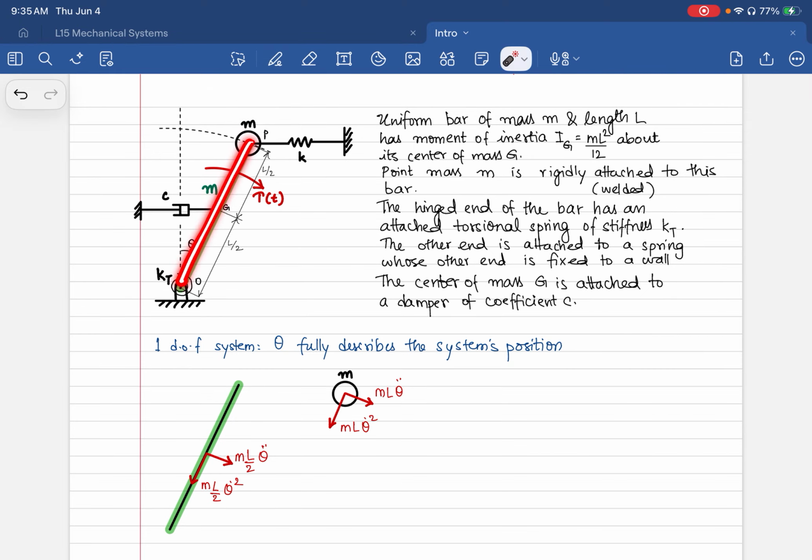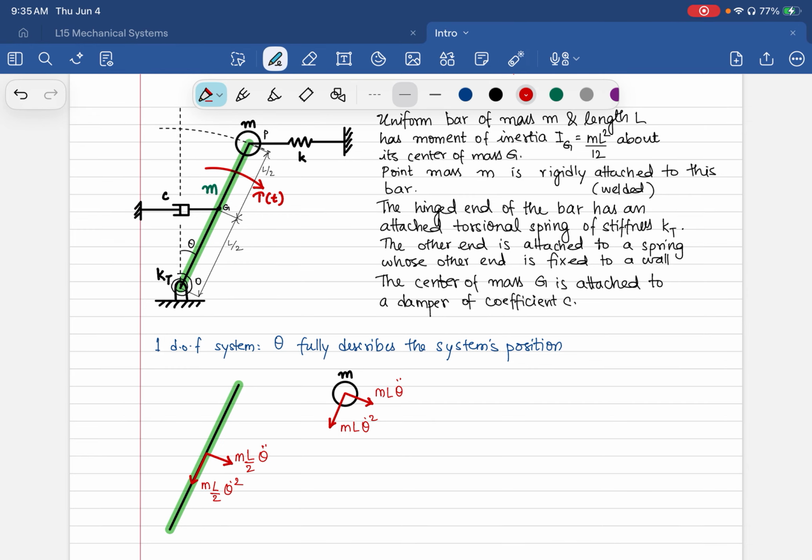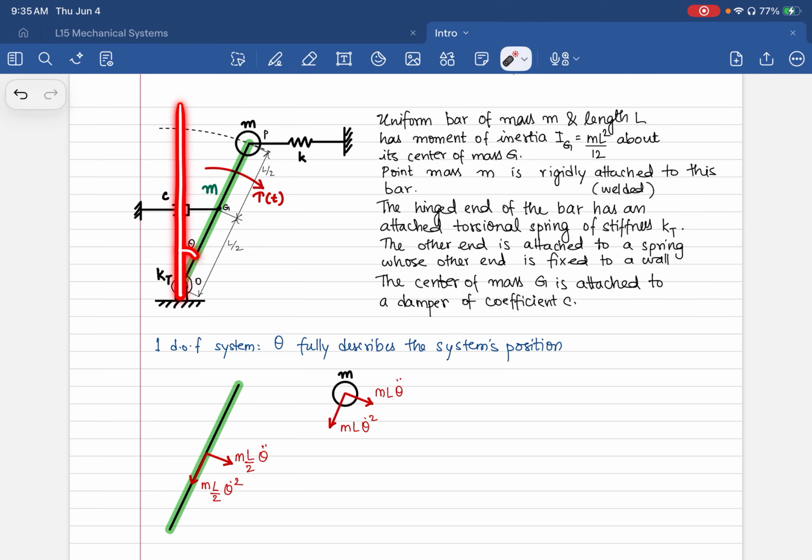This here is a rigid body, however, which means that you do have to account for its rotational inertia. And so you have to draw it in the direction of increasing theta, which is in this direction. You're measuring from this undeflected position as theta here.